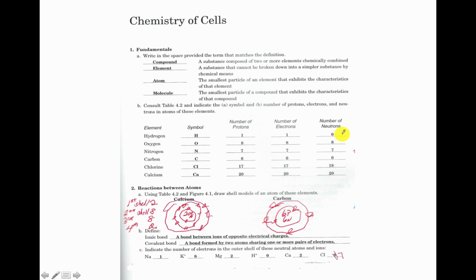The first I want to mention is hydrogen having no neutrons. That is how hydrogen exists when it is neutral. However, it can have neutrons. It can have one, two, or three.